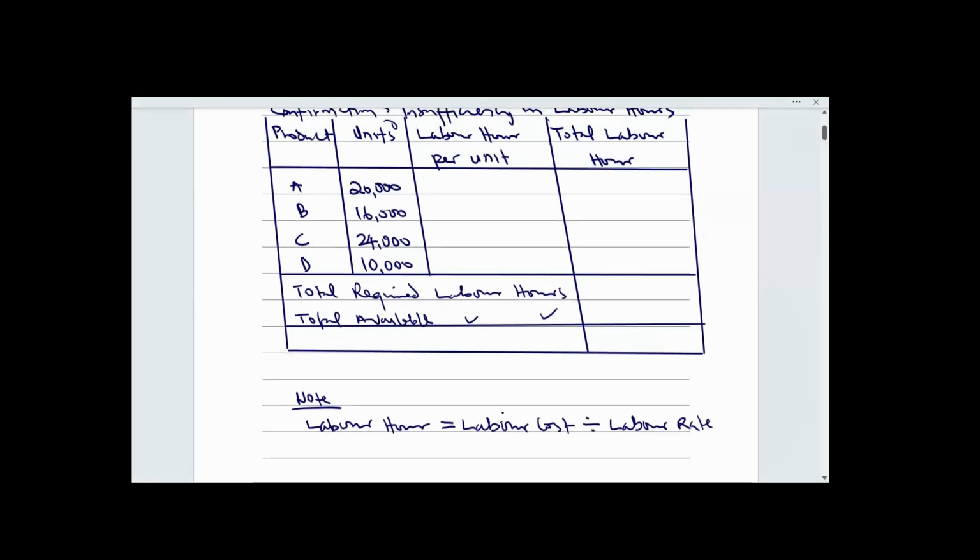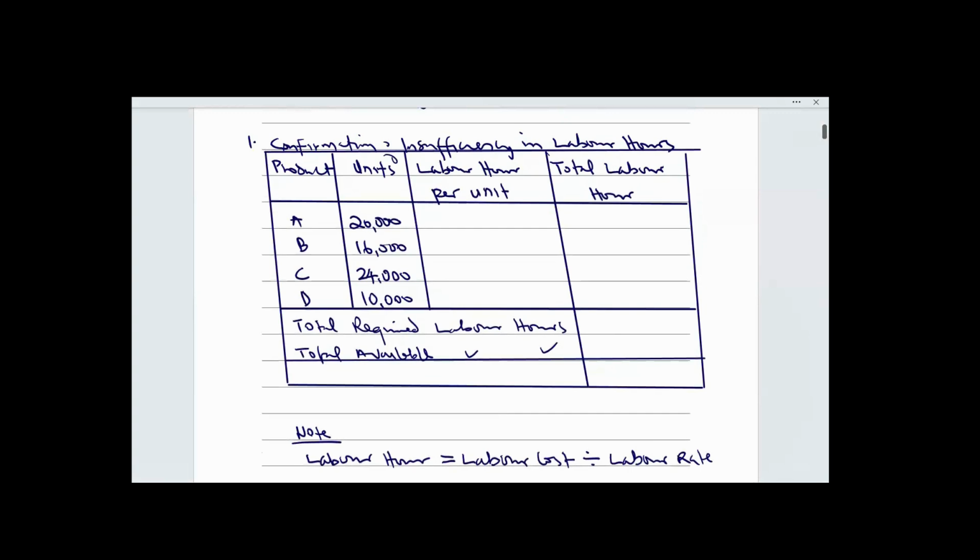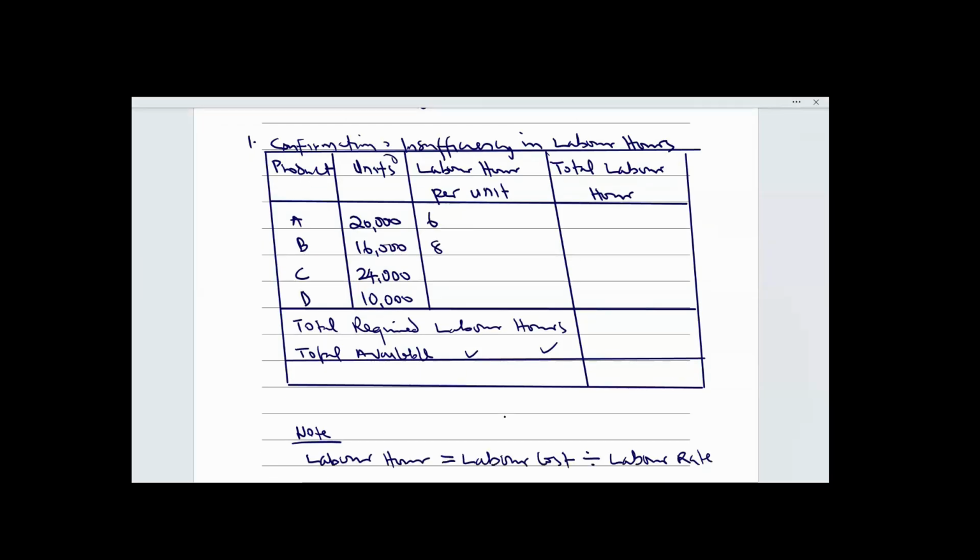So in this case, I will go to the question for product A. Labor cost per unit is 6 naira, 8 naira for B, 7 naira for C, 3 naira for D. So 6, 8, 7, 3. Then divided by, I will go back to the question.